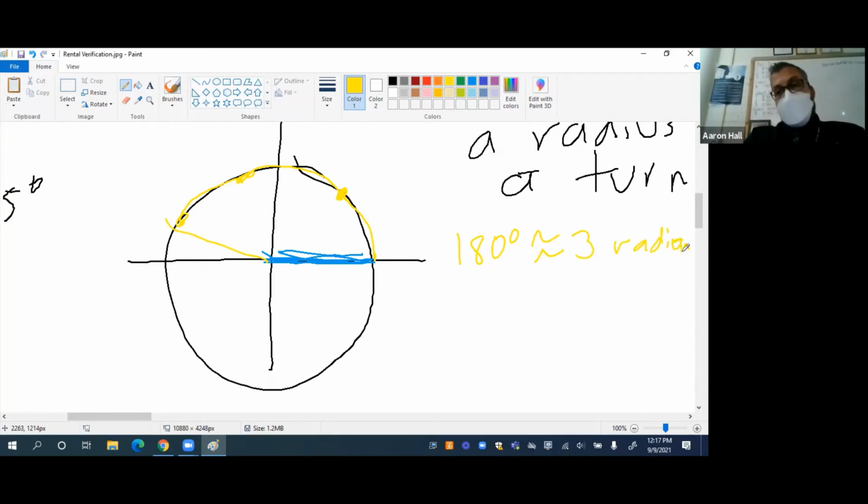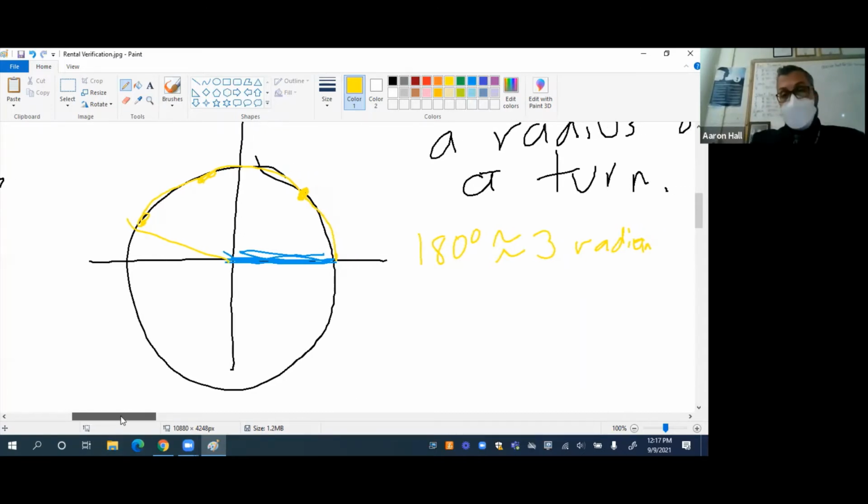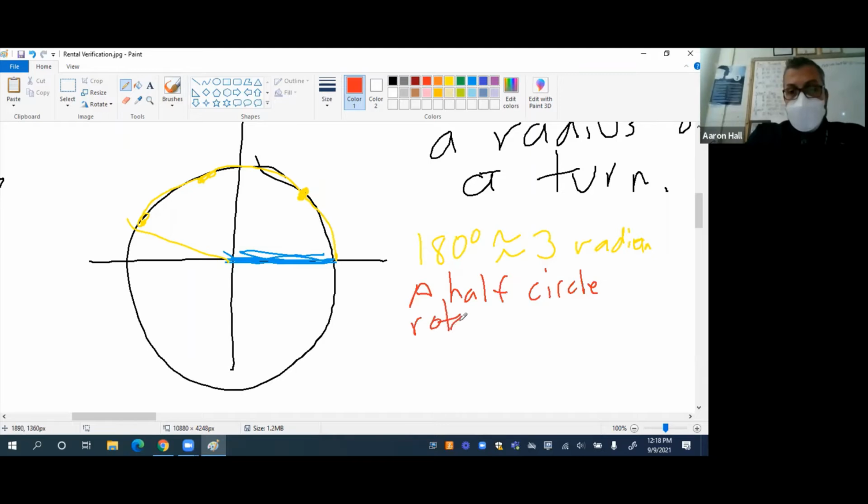Does anybody know exactly how much of a rotation that is, Bryn? Pi. It turns out to be exactly pi. A half circle rotation is pi radians. What does radian mean?